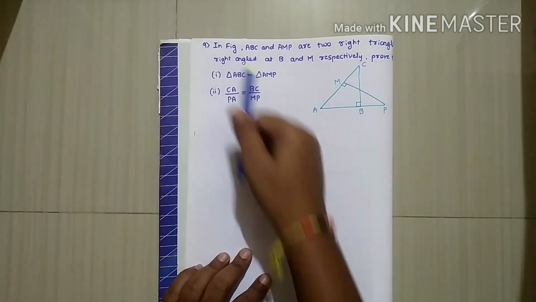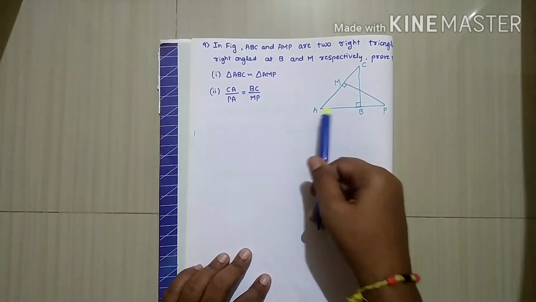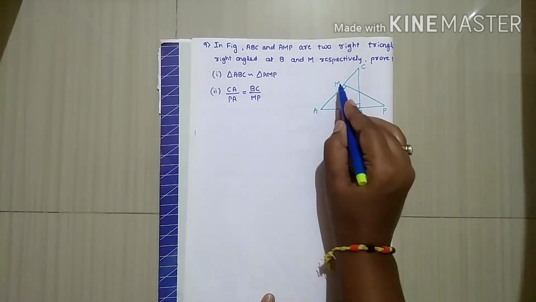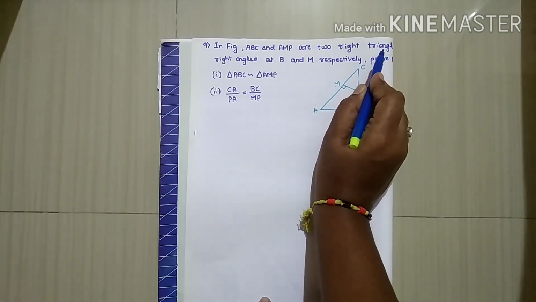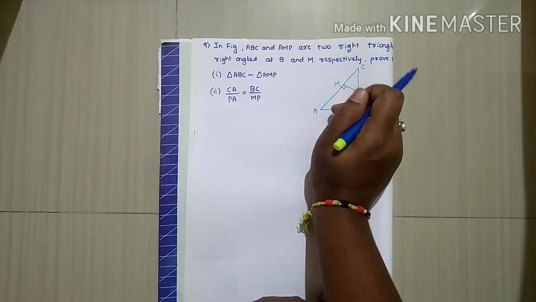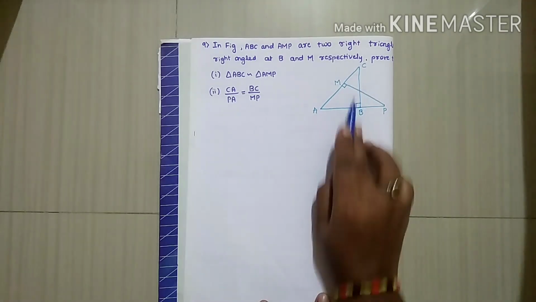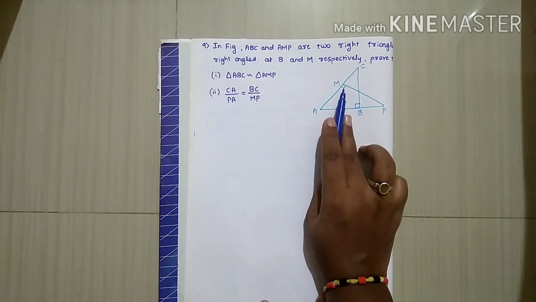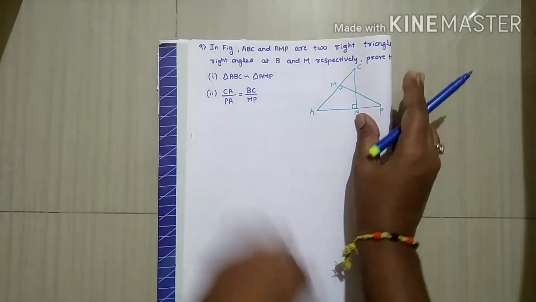Now we'll see the ninth sum. In the figure, here they have given the diagram. ABC and AMP are two right triangles. Right triangle means in a triangle one angle is equal to 90 degrees. Right angled at B in triangle ABC, 90 degrees at point B. In triangle AMP, 90 degrees at point M. Respectively, prove that, what do we want to prove here?